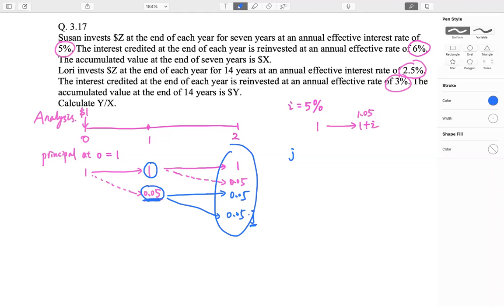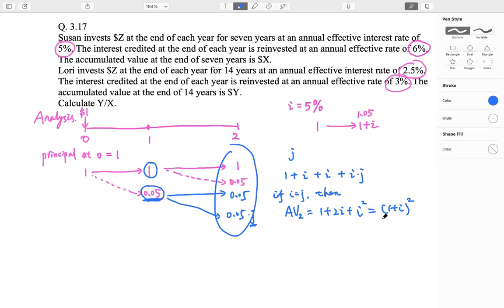So let's add them up. We know the first is 1 times i. The other one is also i, but the next one is i times j, right? So if i and j are the same, then our account value at time 2 will be 1 plus 2i plus i squared, which is (1 plus i) squared.